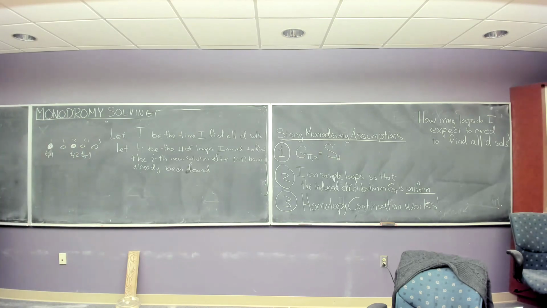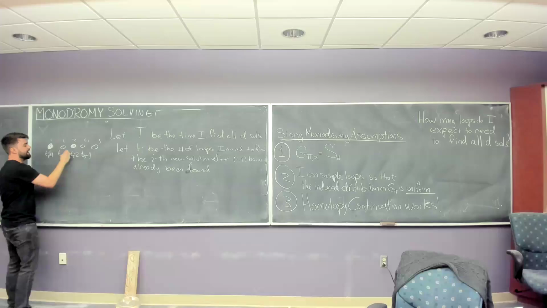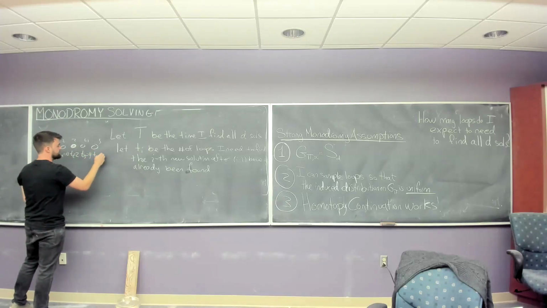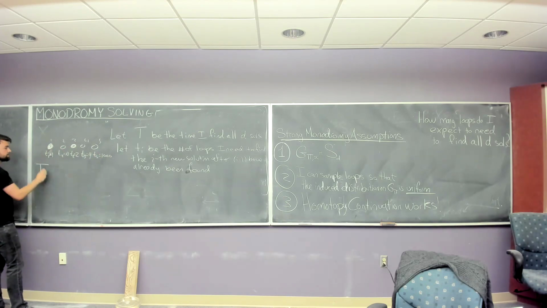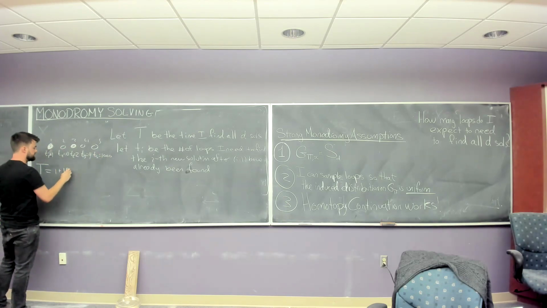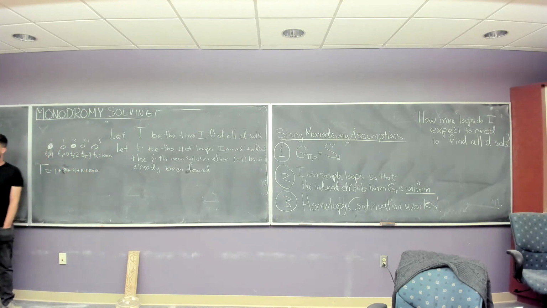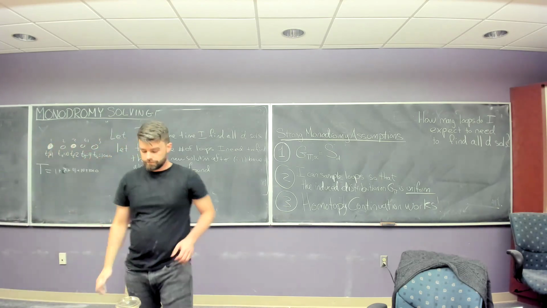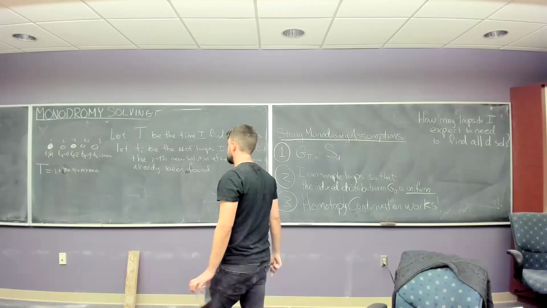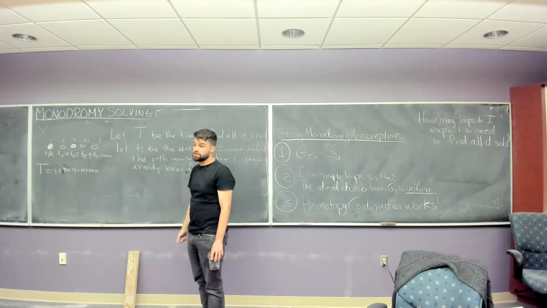And maybe T4 is 10, and T5 is 1,000. Then the time it took in total is 1 plus 2 plus 4 plus 10 plus 1,000. And since the algorithm is random, I can think about capital T and lowercase Ti's as random variables.